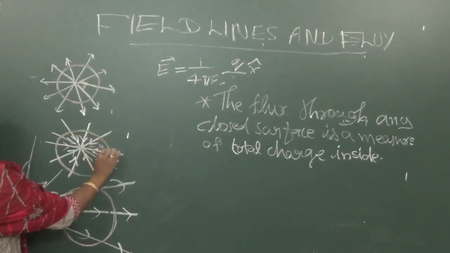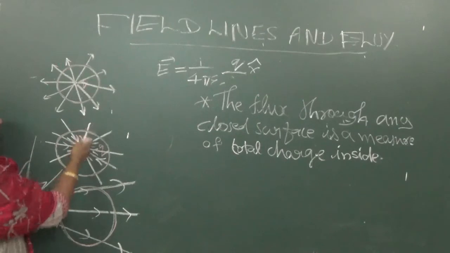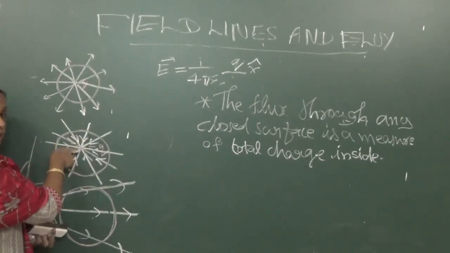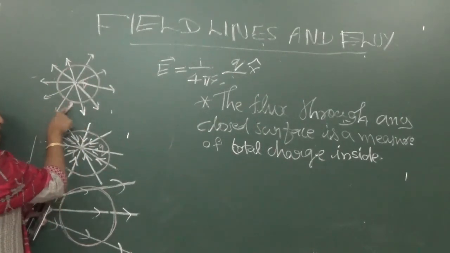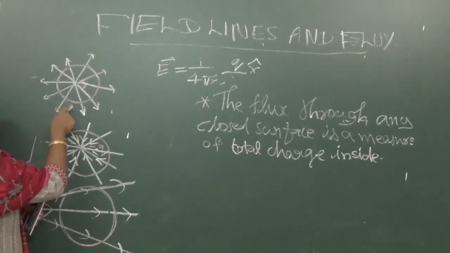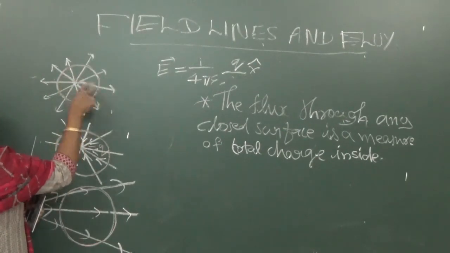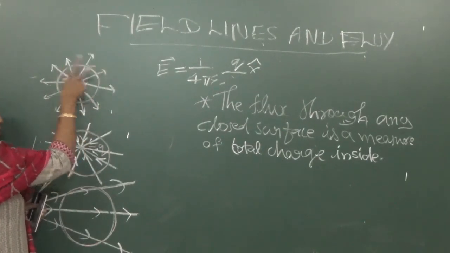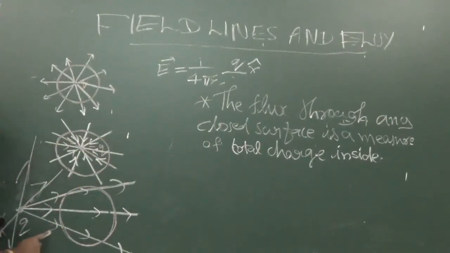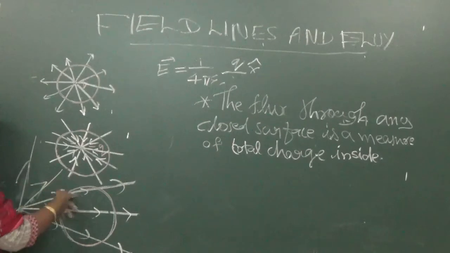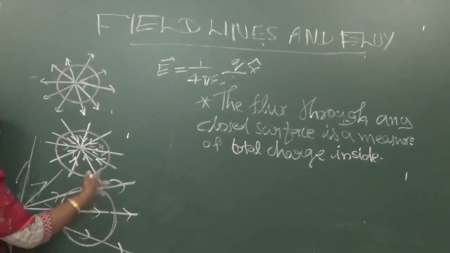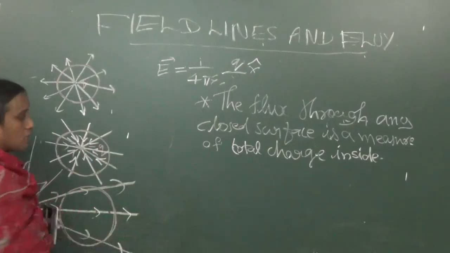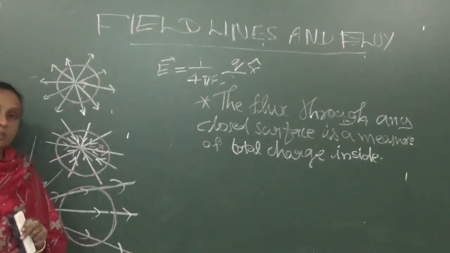In this case, there is flux because all the field lines are coming to this negative charge. In this case also there is flux because all the field lines pass out from inside to outside. But in this case, there is no flux because as many field lines enter the surface, that many go out also.